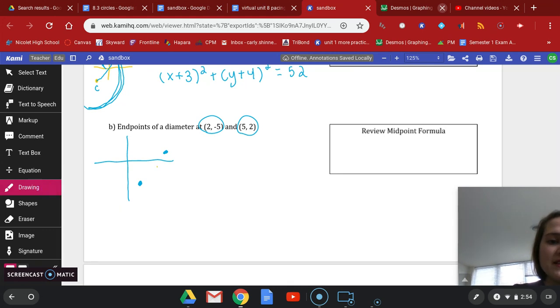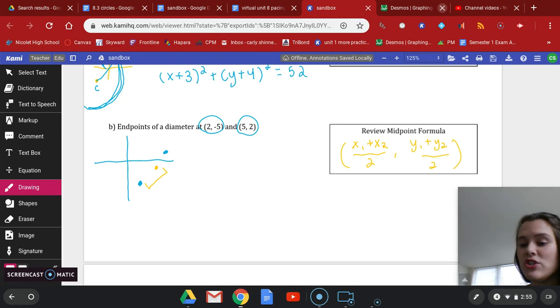I need to find my center, and then I need to find half of the diameter. So to find the center, I need to use the midpoint formula, which is just finding the average of the x's and the average of the y's. Okay, so an average is just adding the two things together and then dividing by however many things you have.